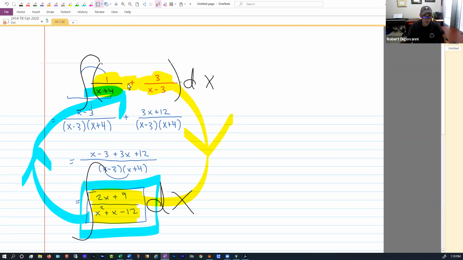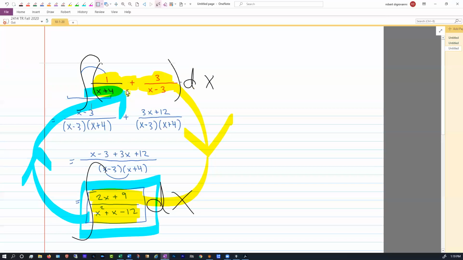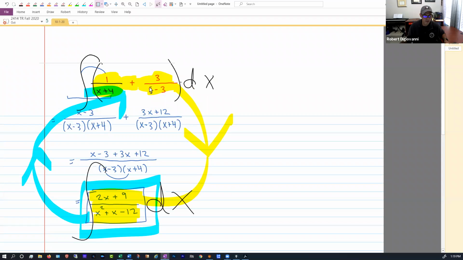Why would you rather integrate this than this? Because there's a plus sign in there and you can integrate them separately. Each of these is just a constant over a linear expression, right? I'd much rather deal with this than deal with this. So we need a process to go backwards, and that's what partial fractions is all about, going backwards.